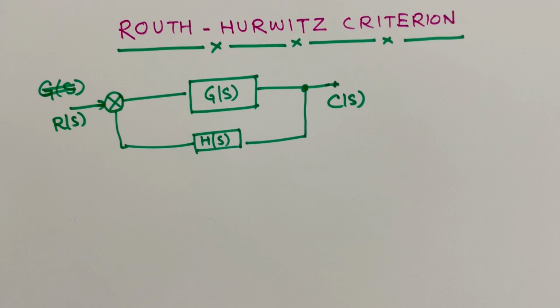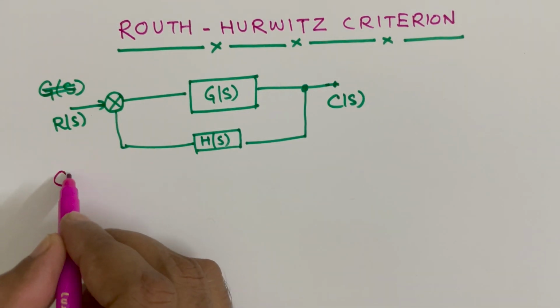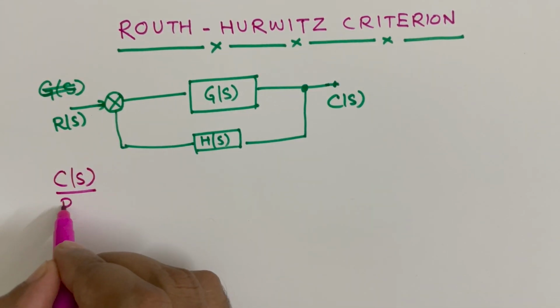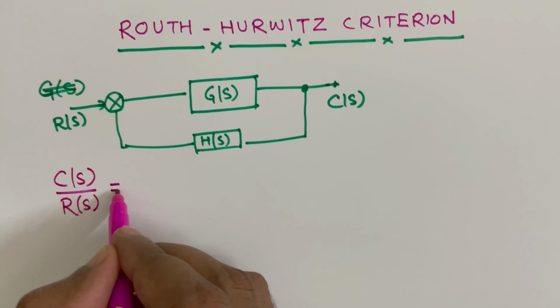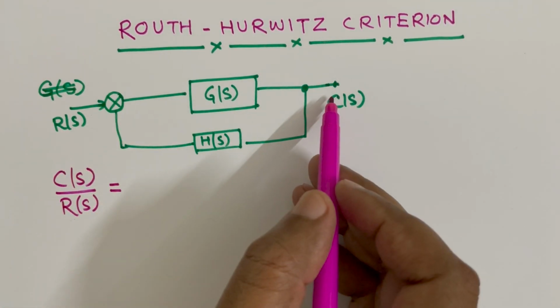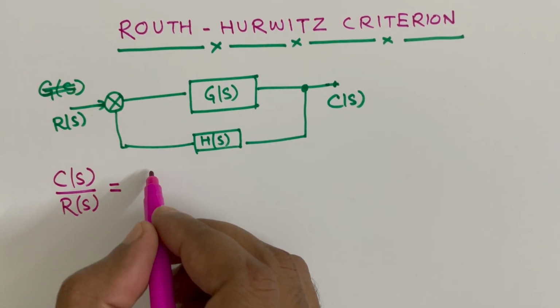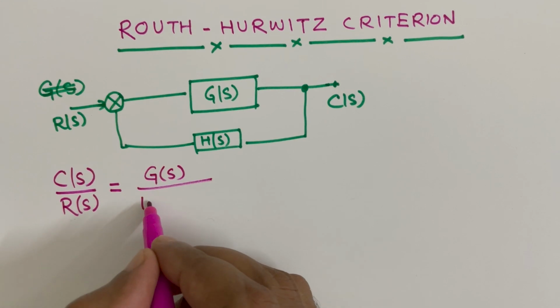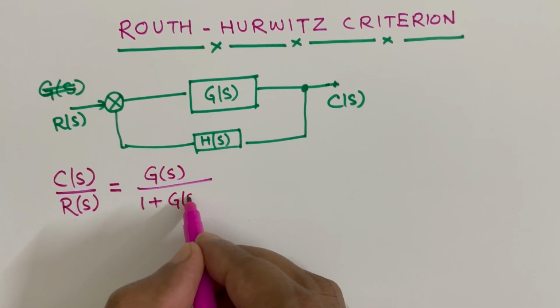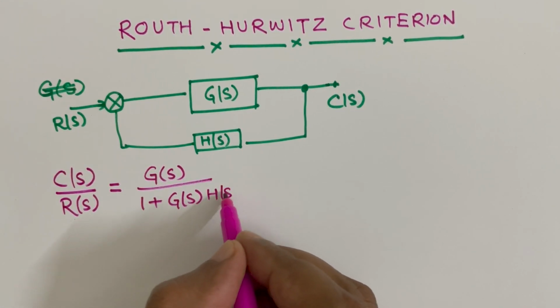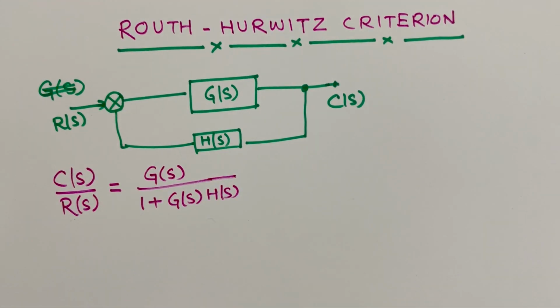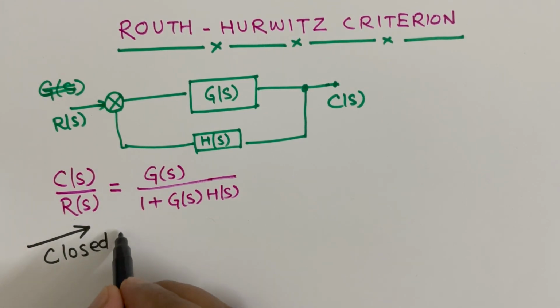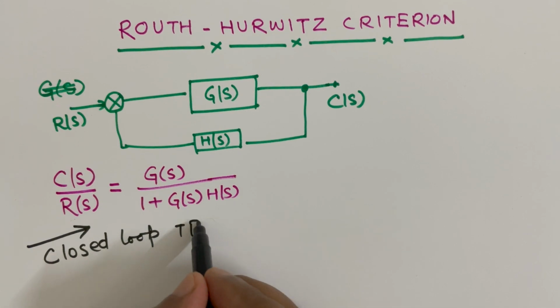So we write C(s)/R(s) as the controlled output, which will be G(s) by 1 plus G(s)H(s). So this is basically the closed loop transfer function.